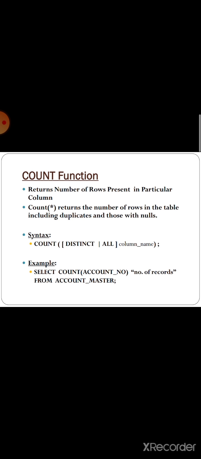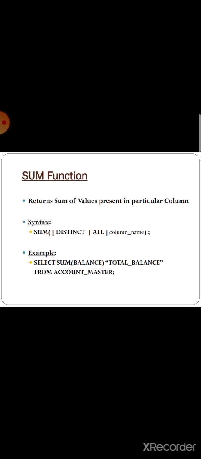If we specify a column, the answer is how many rows there are for that column. Syntax: COUNT(DISTINCT | ALL column_name). Example: SELECT COUNT(account_number). So according to the column account number, how many rows, how many records there are, will be the answer for this function.